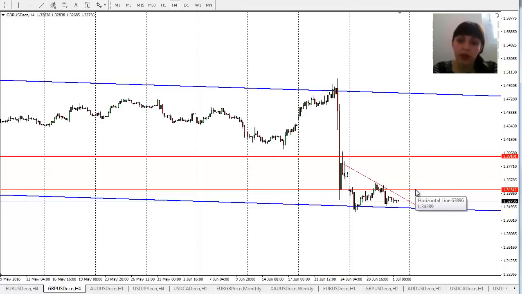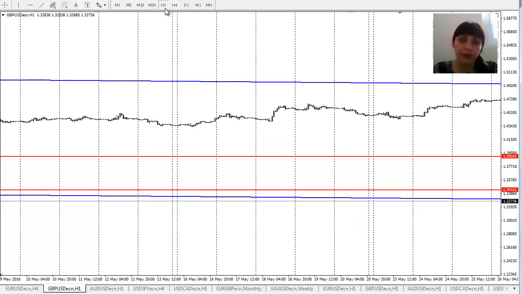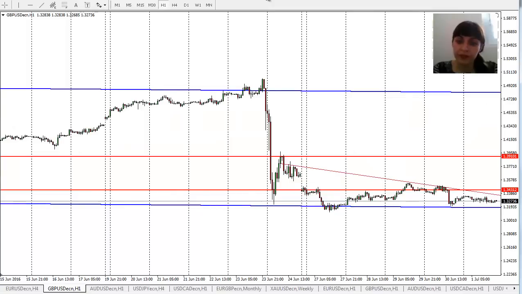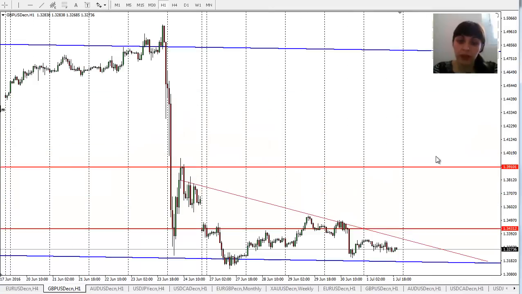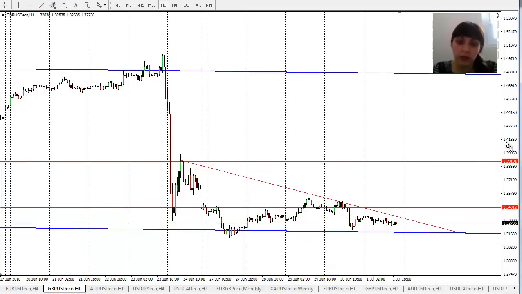It also could be quite wide spreads. So I can draw something like this and see what's going to happen, where it's going to go, and what news it's going to react to. Will it be the non-farm payrolls, or some comments from the Bank of England? What is it going to react to?